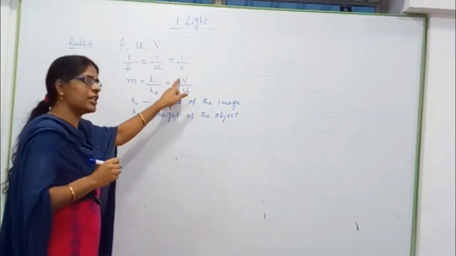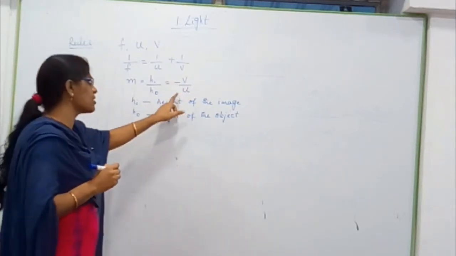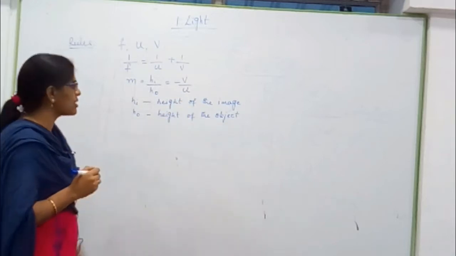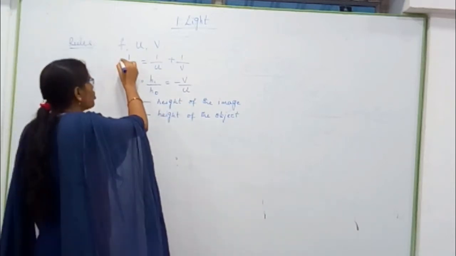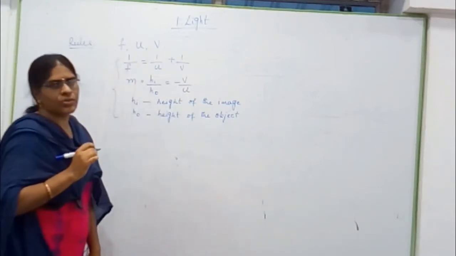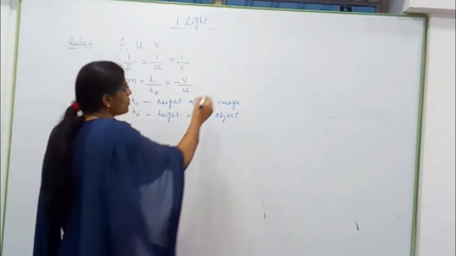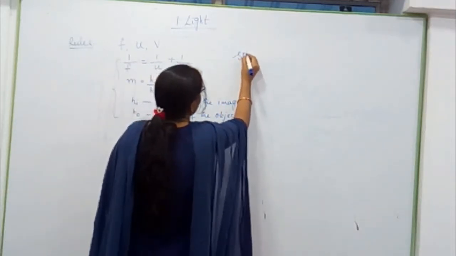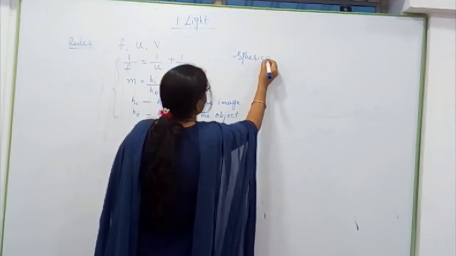Whereas V and U: V is image distance and U is the object distance. Now, based on these formulas, we need to solve the problems based on spherical mirrors.